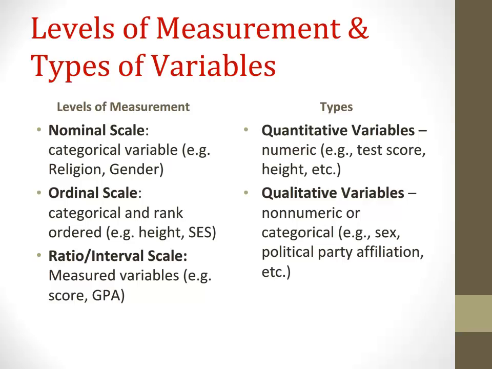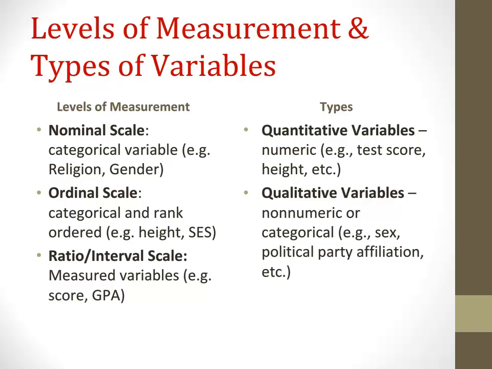Nominal are categorical variables, that is, variables that can be put into categories such as religion or gender. Ordinal variables are categorical and rank-ordered variables, so they can be put into categories and then ranked, such as socioeconomic status, that can be described as low, moderate, or high. And finally, there are interval and ratio variables, which are measured variables. Interval variables do not have an absolute zero, whereas ratio variables do.